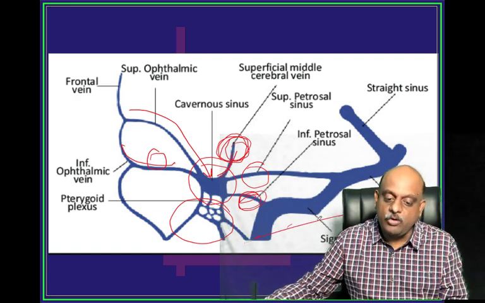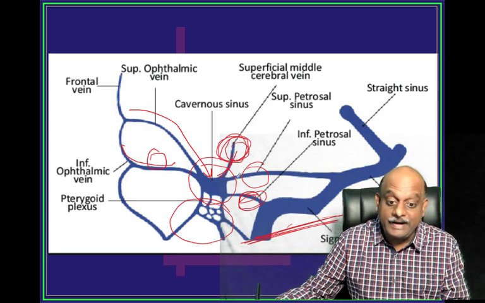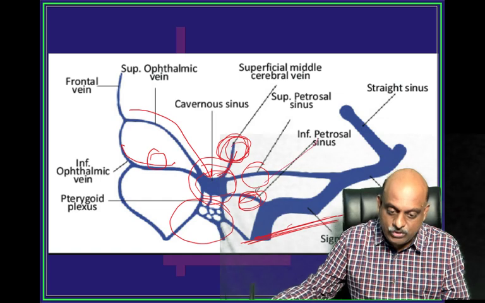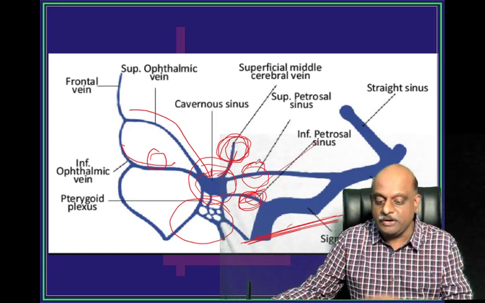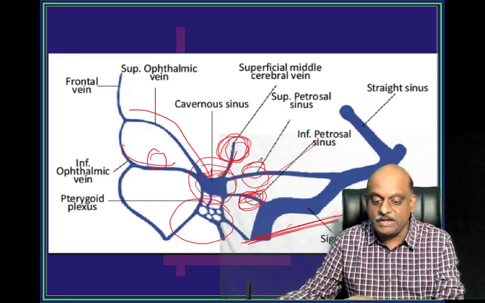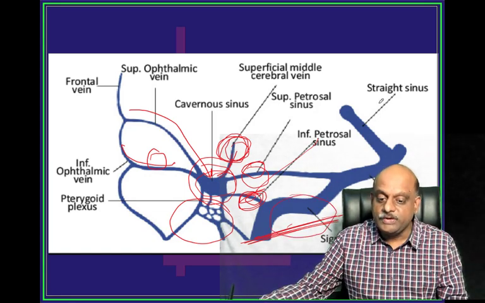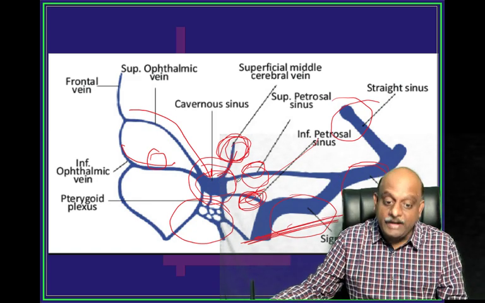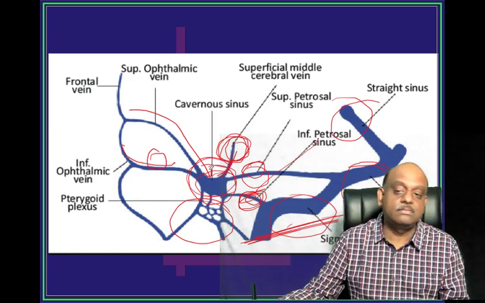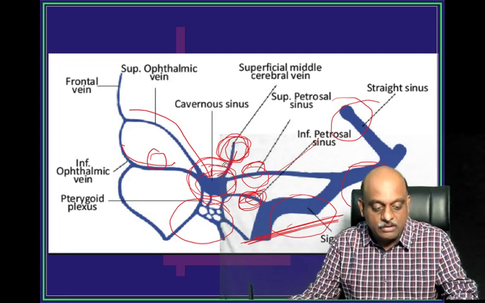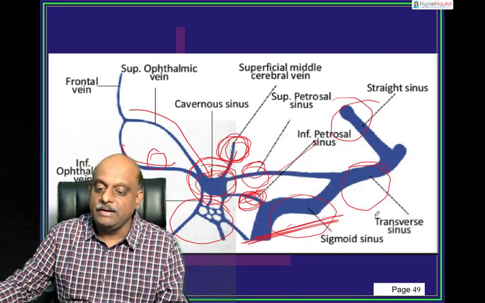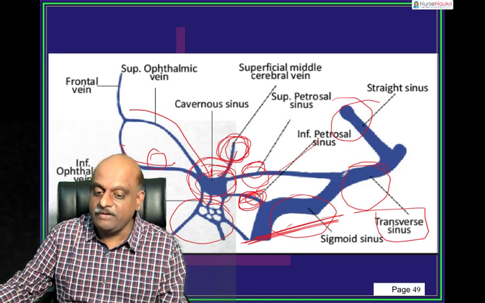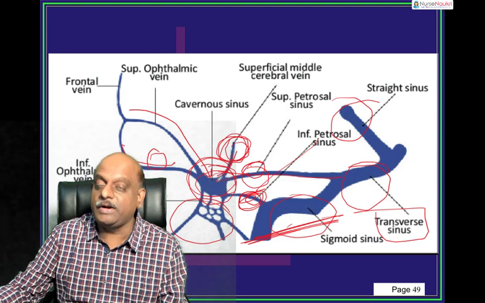So the sigmoid sinus is not directly communicating. It is communicating through the inferior petrosal and superior petrosal sinus. That is what the examiner is asking. Is there direct communication with the sigmoid sinus, straight sinus, transverse sinus, is what the examiner is asking. So what is your answer? No, brother, the transverse sinus is associated with the superior petrosal sinus to drain.